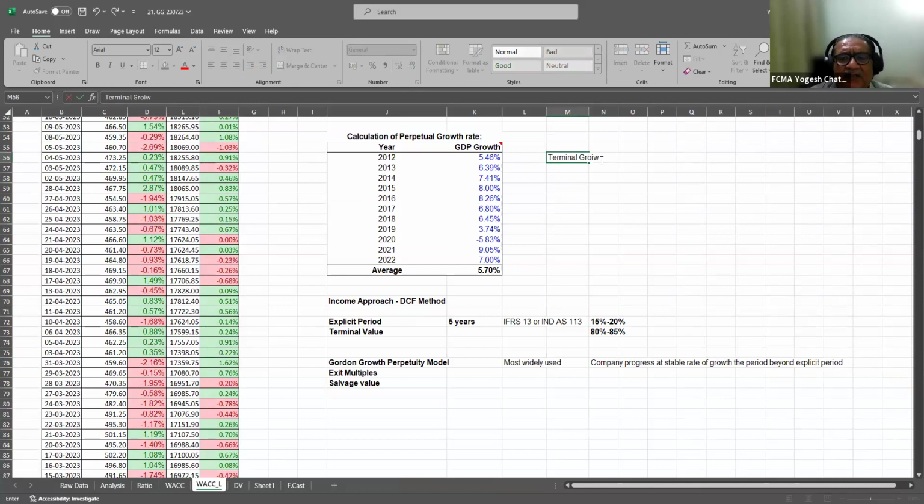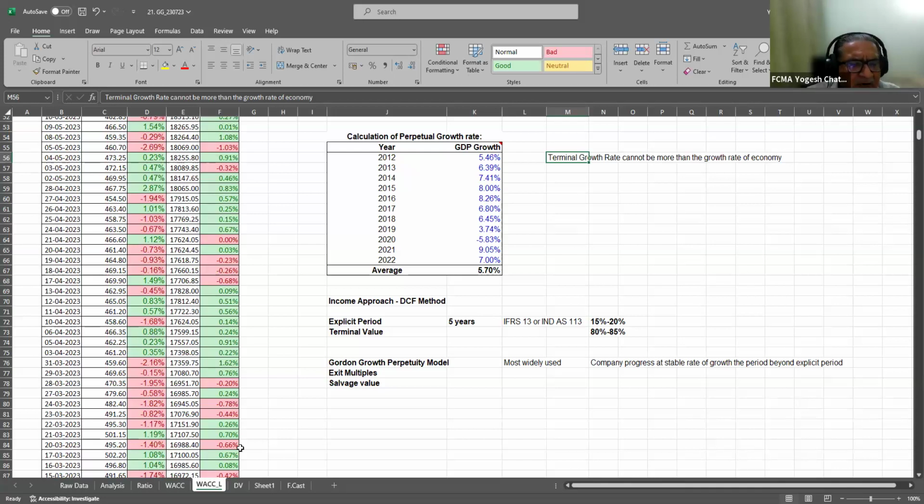Terminal growth rate cannot be more than the growth rate of the economy under which that company is operating. So for an Indian company, the terminal growth rate cannot be more than the GDP growth rate of India. So that is the benchmark. That is the upper limit.